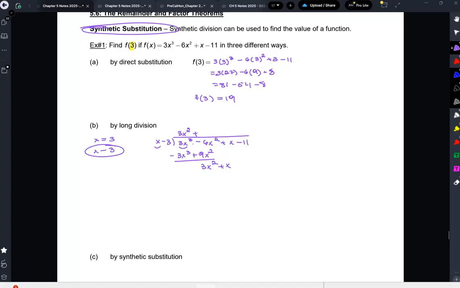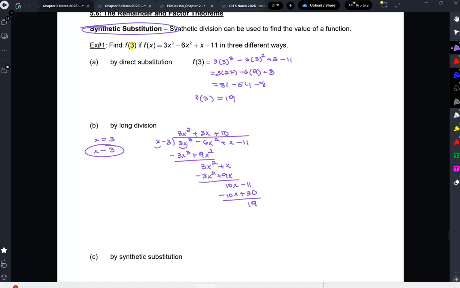What do I put here? 3x. So I get 3x squared minus 9x. Change the signs. 10x minus 11. What do I get? I get 10x minus 30. Change the signs.